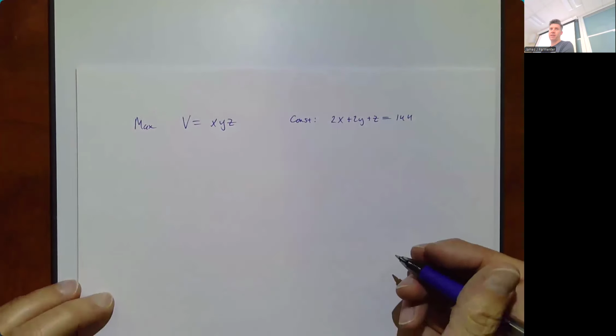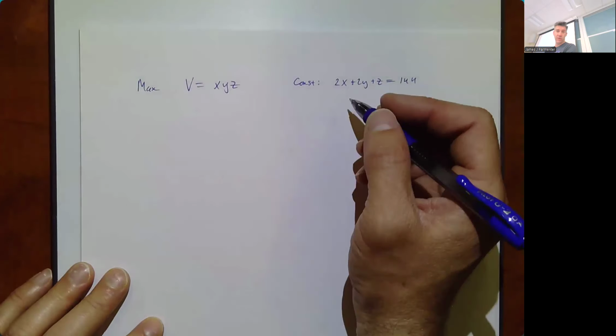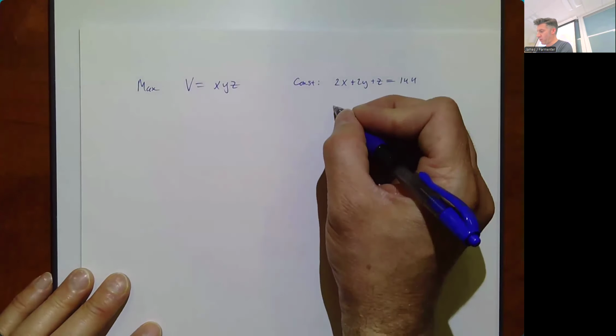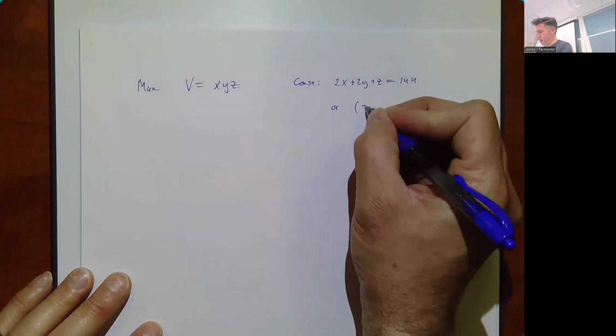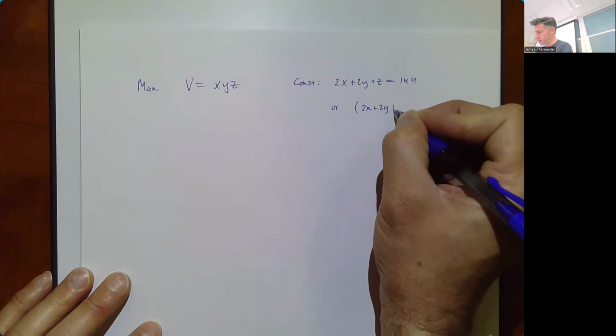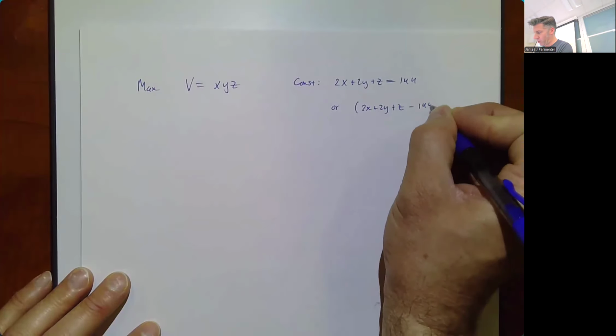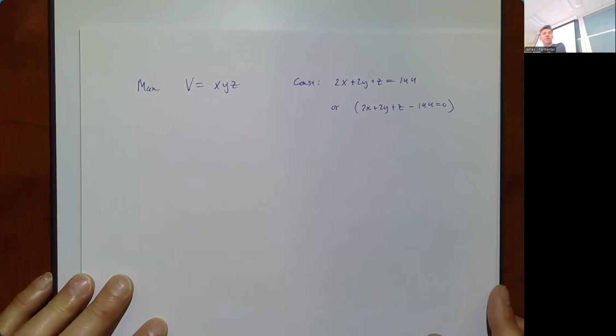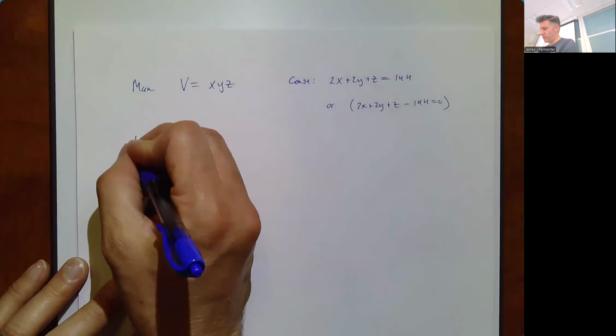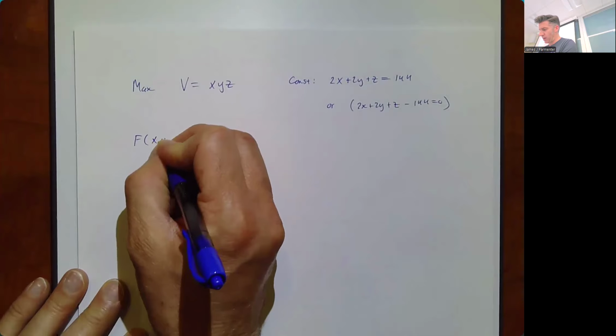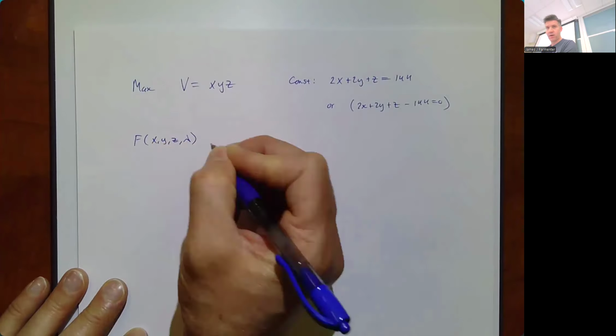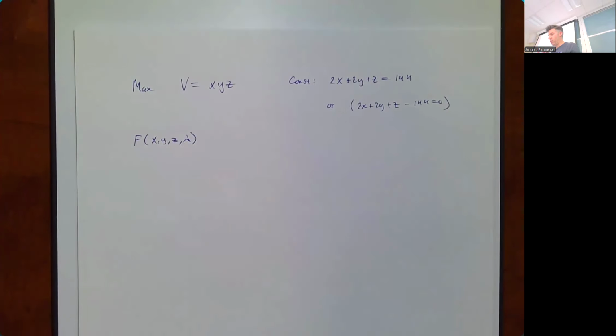And a lot of times in this class, we rewrite the constraint so it's equal to 0. So you can write it this way, or you can write it as 2x plus 2y plus z minus 144 equal to 0. And then we set up this new function. I think we use a capital F of x, y, z, lambda, where lambda is the Lagrange multiplier.